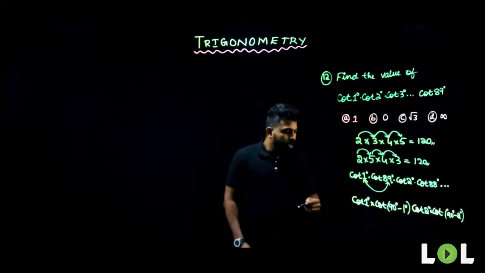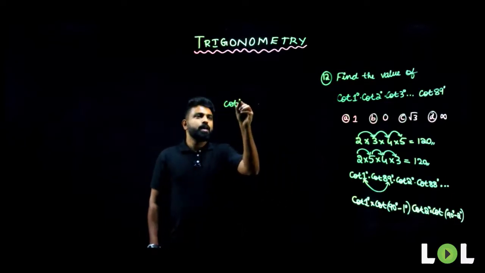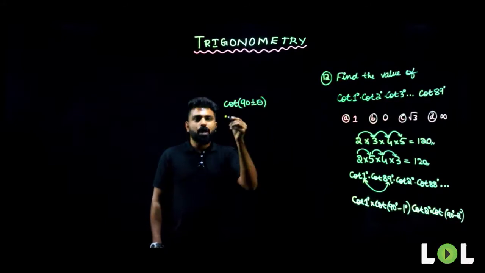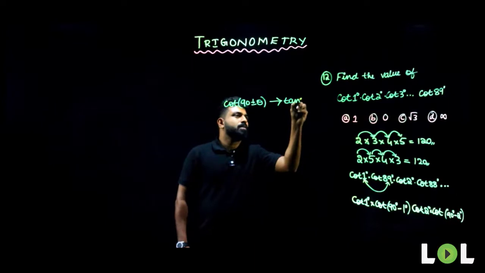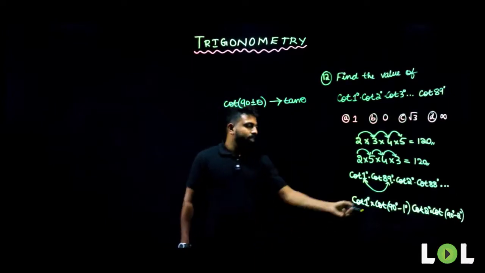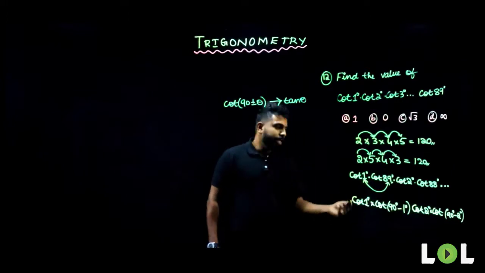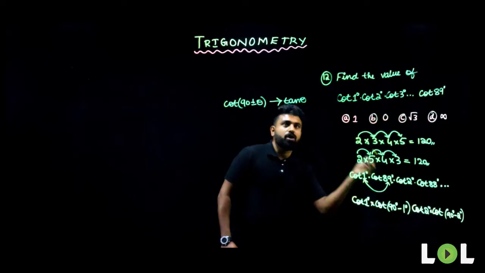Now, as I told you, if the angle in cot is around 90 degrees, that is 90 plus or minus theta, what will happen to it? It will change to become tan theta. Look at this here. There is cot of 90 minus something, meaning this will turn to become tan theta.